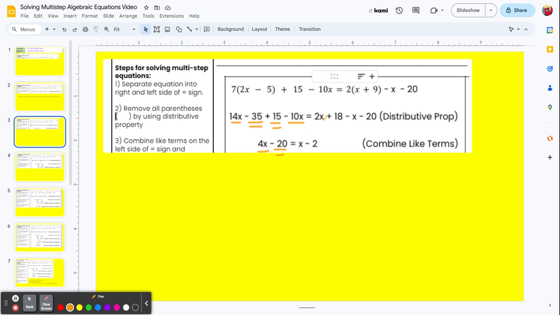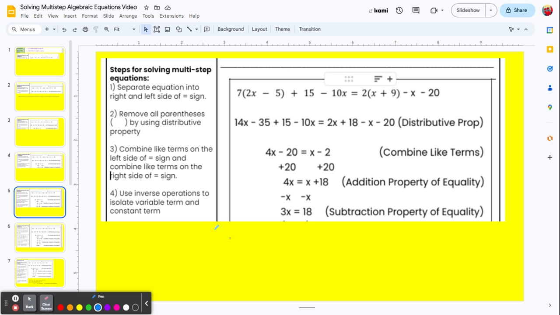We're going to do the same thing on the right side. We're going to combine the 2x and the negative 1x. That gets us just 1x. And then we're going to combine the 18 and the negative 20 to get us the negative 2. So now our equation is 4x minus 20 equals x minus 2.